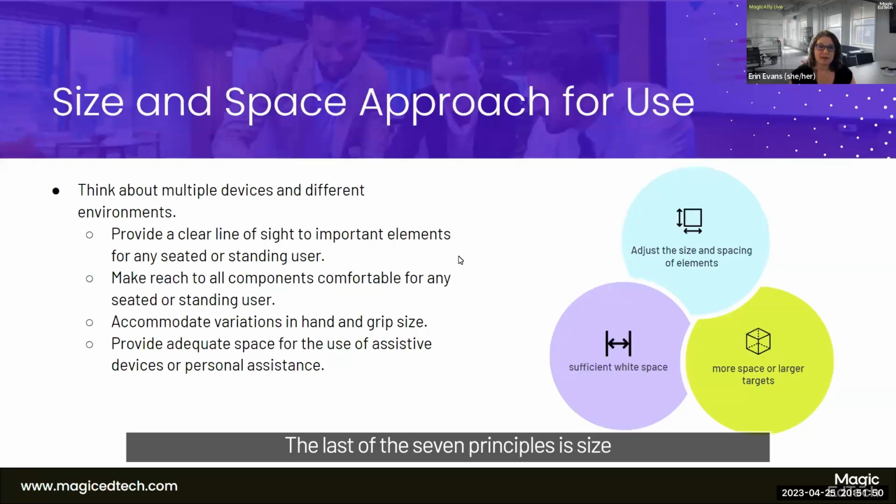The last of the 7 principles is size and space for approach and use. So this is thinking about multiple devices in different environments, providing a clear line of sight, making sure all of the elements are easy to get to. If you're looking at the image on the right-hand side, we're talking about being able to adjust the size and spacing of elements, right?